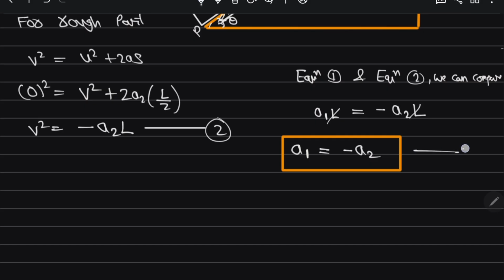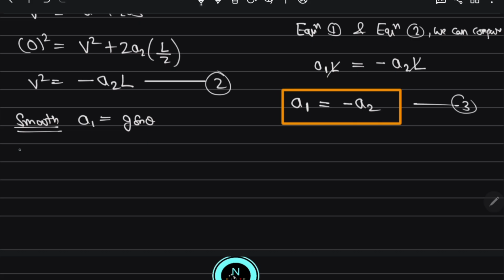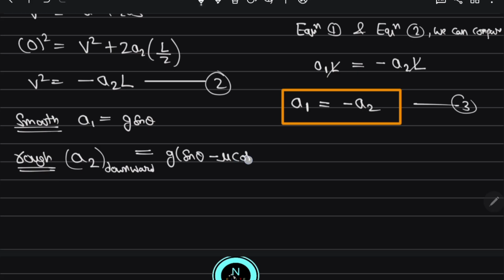Now the main task. For the smooth part, acceleration we know that a1 is equal to g sin theta. For the rough part, for downward motion, it is going to happen as g sin theta minus mu g cos theta.